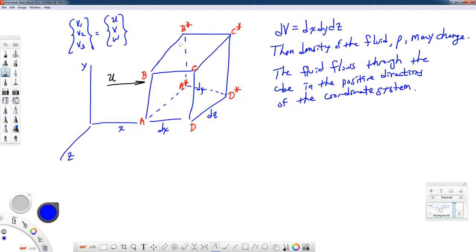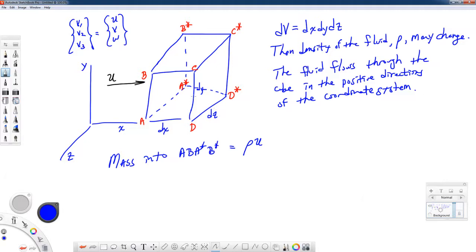And so if we look at this face, A, B, A star, B star, the mass into that face is going to be equal to the density times the velocity through that face times the area.